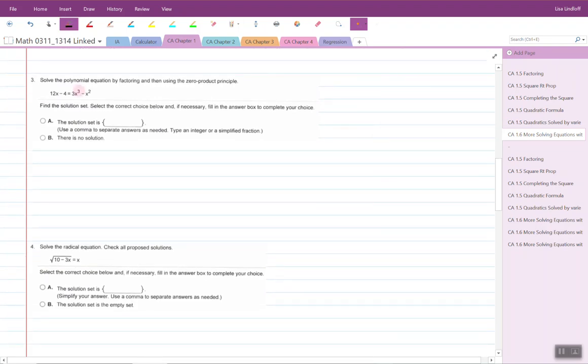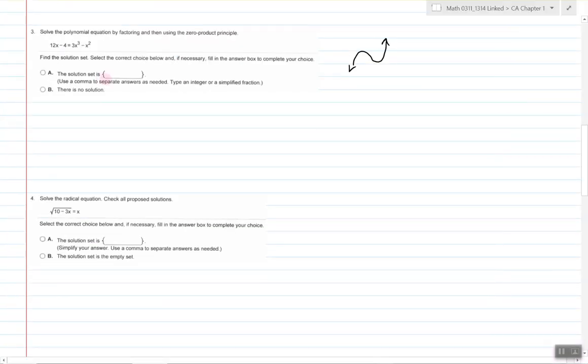This is a cubic equation, so when I turn it into a function, it will look a little bit like a roller coaster, provided that the leading coefficient is positive. So I'm going to leave it positive.